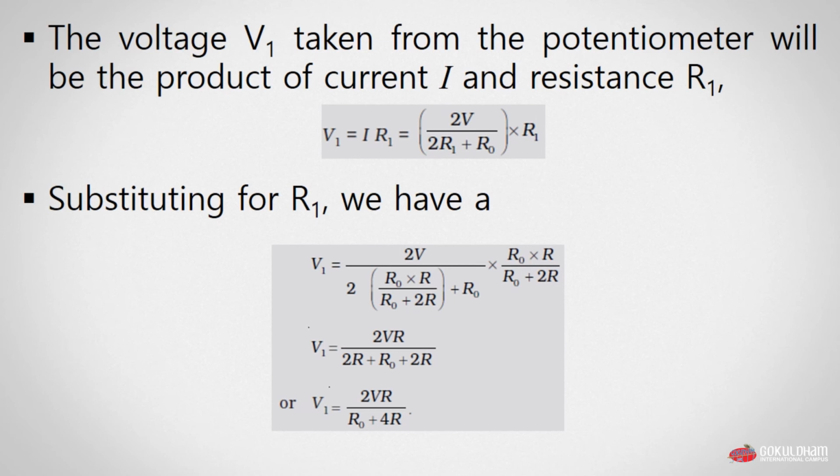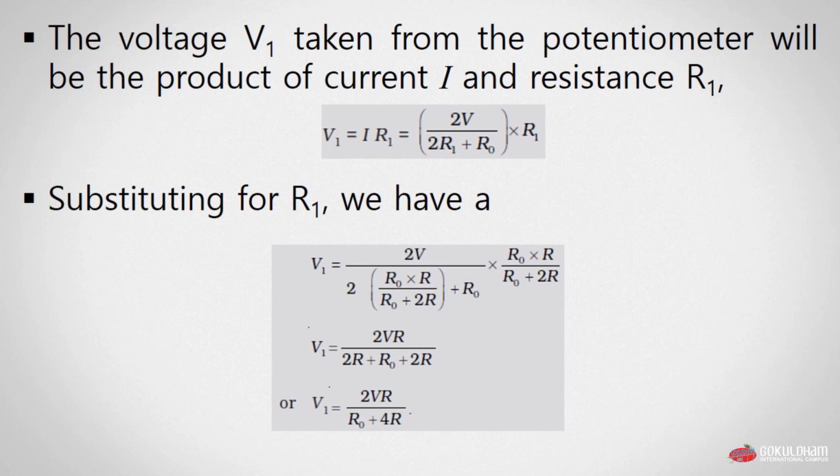The voltage V1 taken from the potentiometer will be the product of the current and the resistance R1, which is V1 is equal to I into R1. Substituting the values for I and R1, we get 2V divided by (2R1 plus R0) into R1, and substituting for R1 we have V1 is equal to 2V divided by (2 into R0 into R divided by (R0 plus 2R) plus R0), all multiplied by R0 into R divided by (R0 plus 2R).